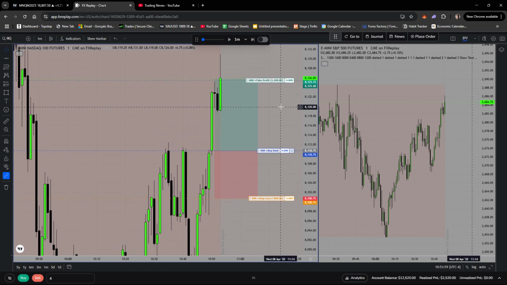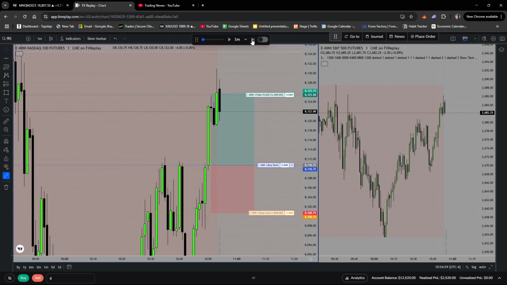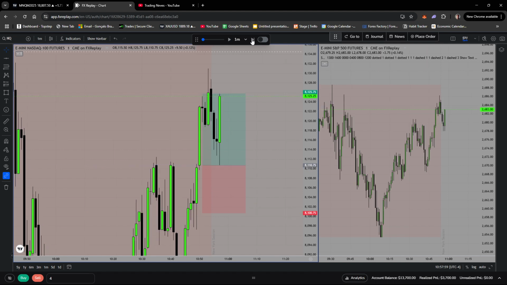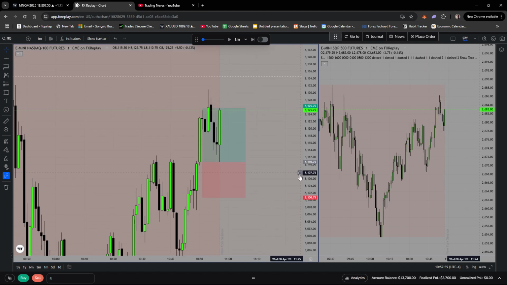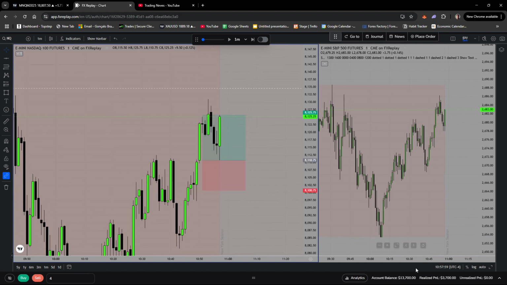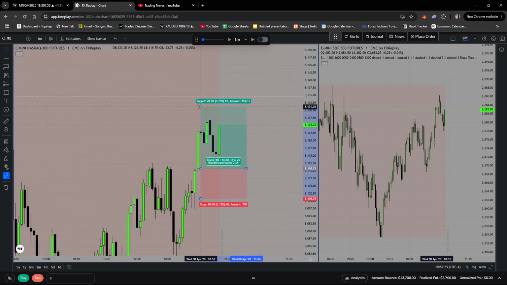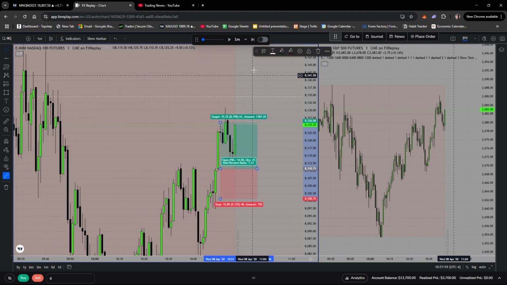So we took the objective. And we're in. So we just got tagged in and then we actually hit the take profit almost instantly then, which I would have adjusted it to this area. But you know what? I'm happy with that.